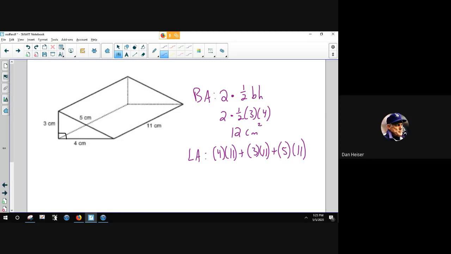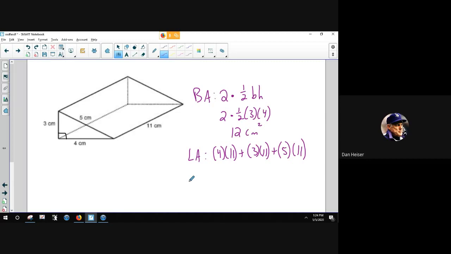Before we go further, you should probably notice that there's a factor of 11 in every term. Because a prism has equal height, no matter how you measure it, whether you measure it this way, or this way, or this way, the height of a prism is constant. And we're taking that height, that 11 centimeters, and multiplying it by every edge of the base. Makes sense.